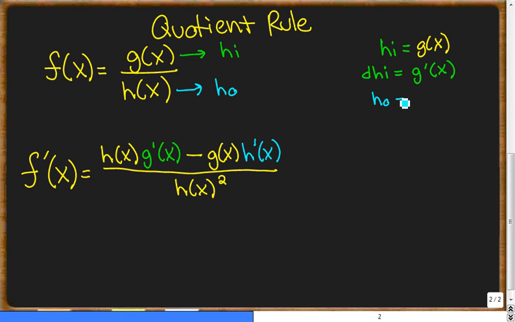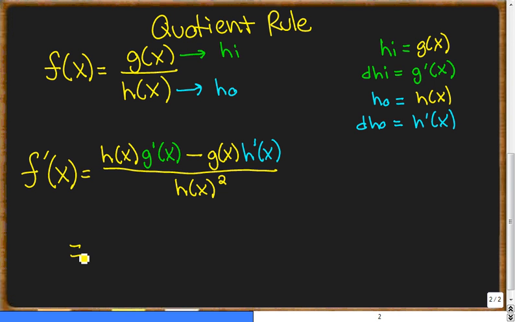So our ho function, that's going to be h of x, and our d ho function is just h prime of x, and this is our little blue guy, so h prime of x.